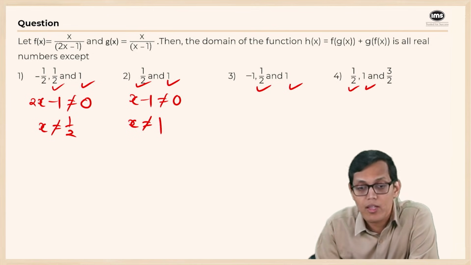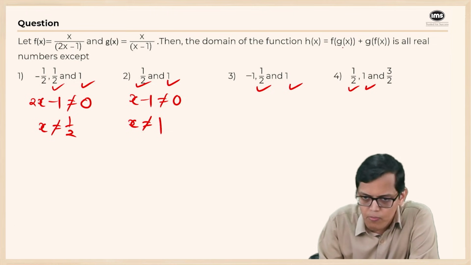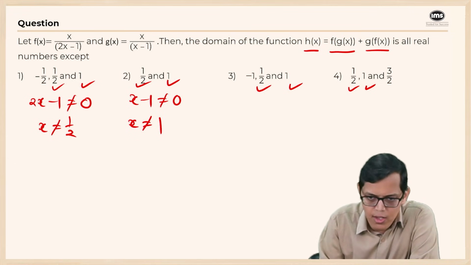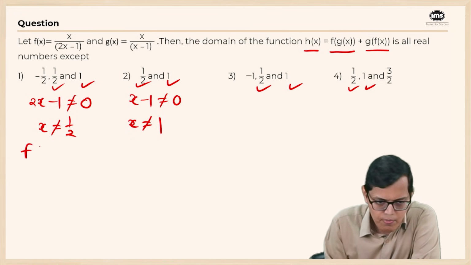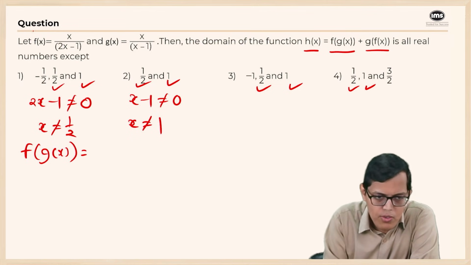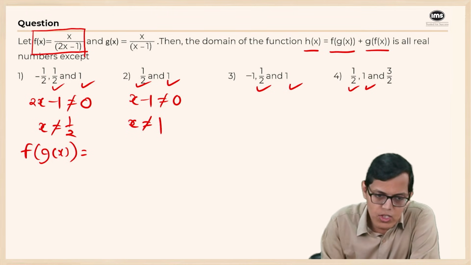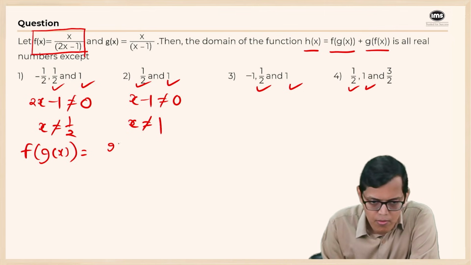Now we have to find one more exception which can actually help us find the right option. Let's proceed. We anyway had to find f of g of x and g of f of x to be able to find hx. So let's find f of g of x first. If fx was x divided by 2x minus 1, then f of gx should be x replaced by gx everywhere, divided by twice of gx minus 1.